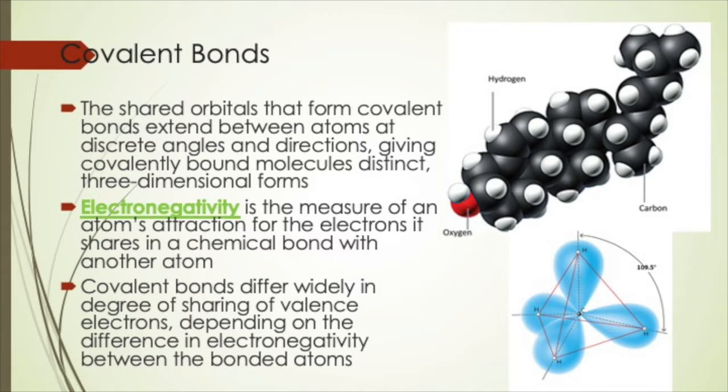So this right here is actually a molecule of cholesterol. So electronegativity is the measure of an atom's attraction for the electrons it shares with the chemical bond of another atom. And you can see how that might fit in here.